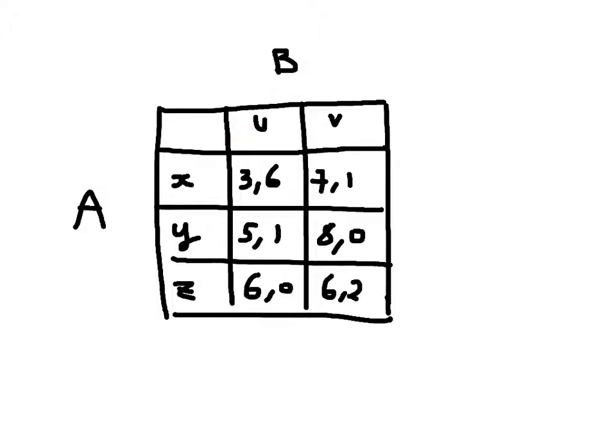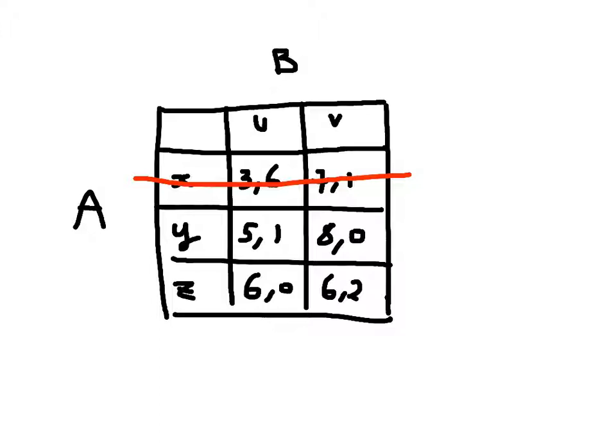If player B plays U, then 5 is greater than 3. If player B plays V, 8 is greater than 7. So the payoff for strategy Y is always greater than that for strategy X. So player B can eliminate strategy X as being a strictly dominated strategy.